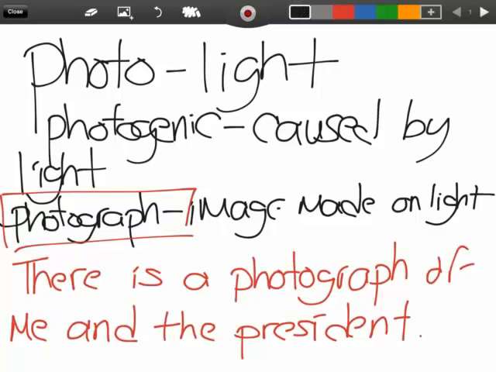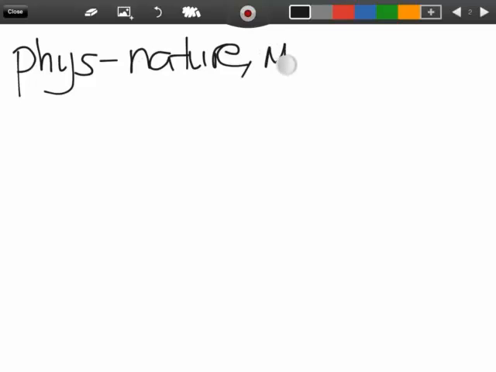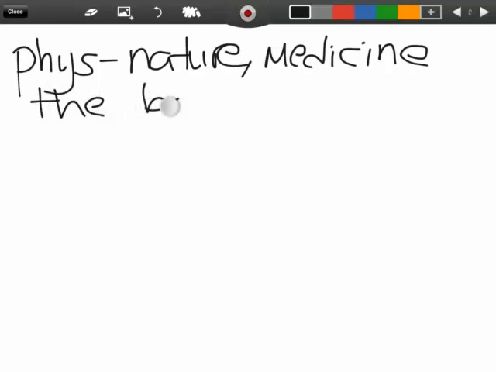Moving on to our next root, phys. Phys means nature, medicine, and the body. I'm going to give you two examples.